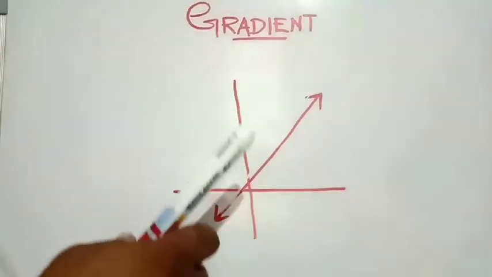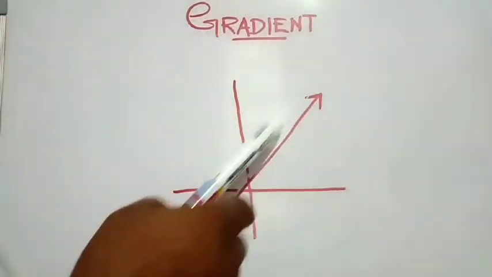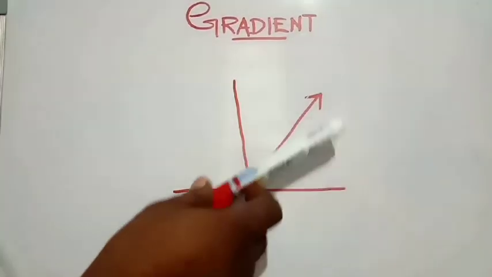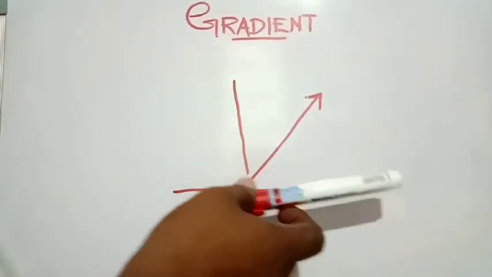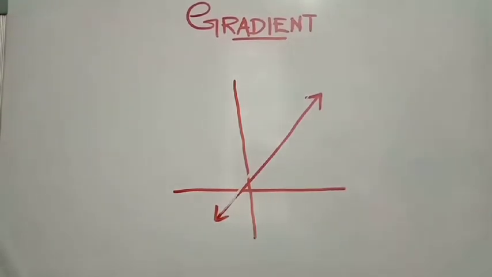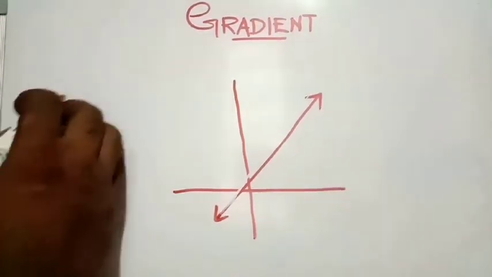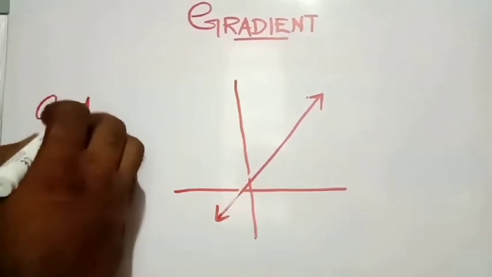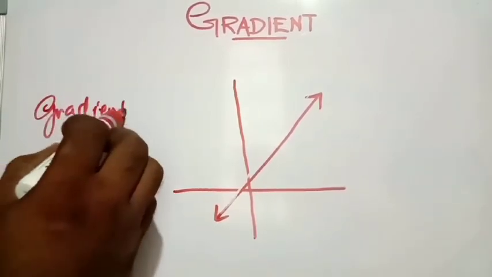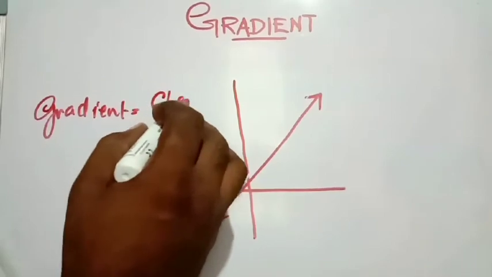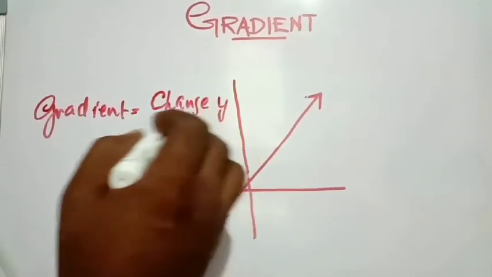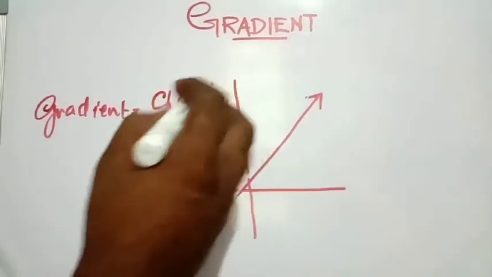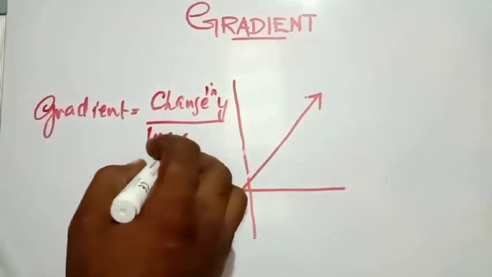So the gradient depends upon the change of y coordinate based on a change in x coordinate. So gradient can be calculated by a change in y by an increase in x.